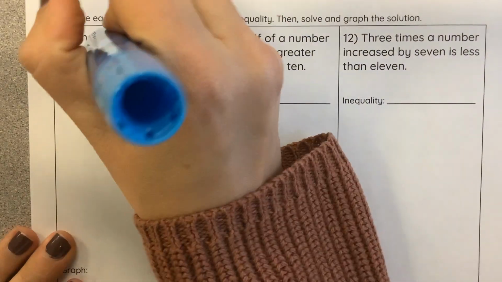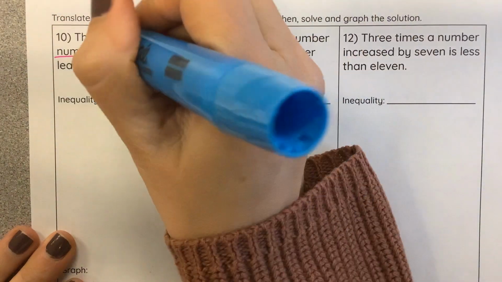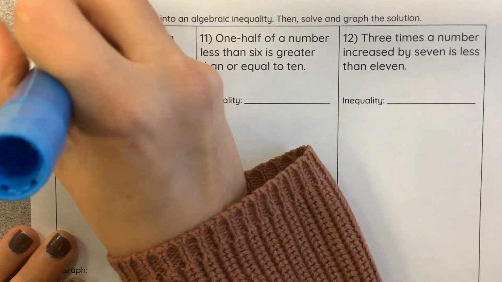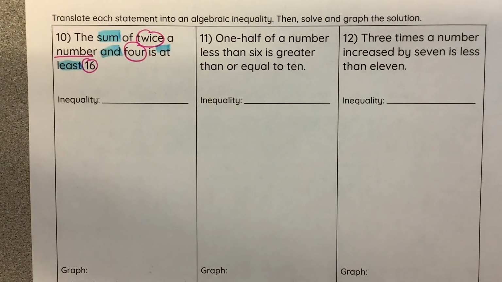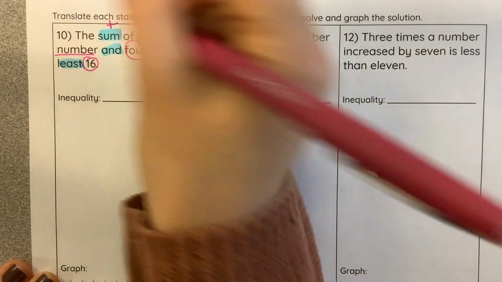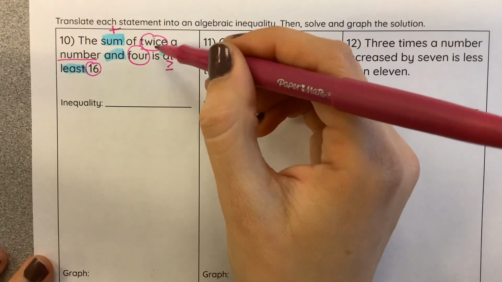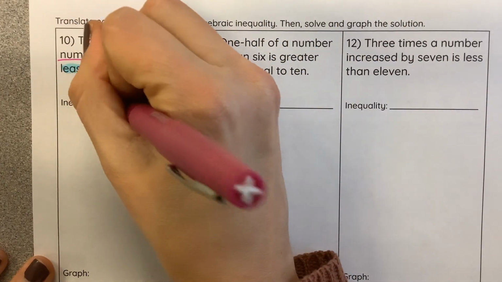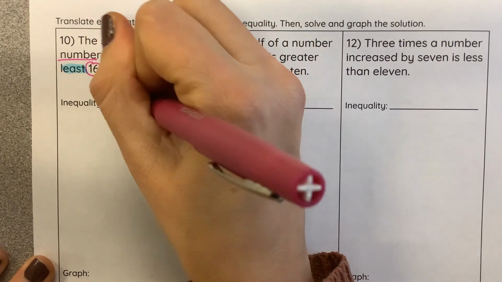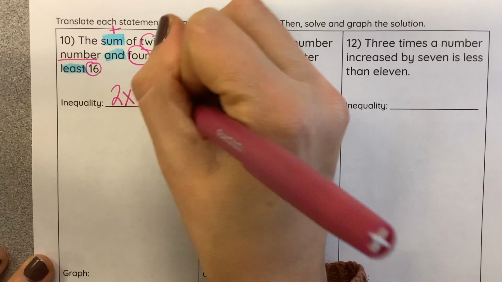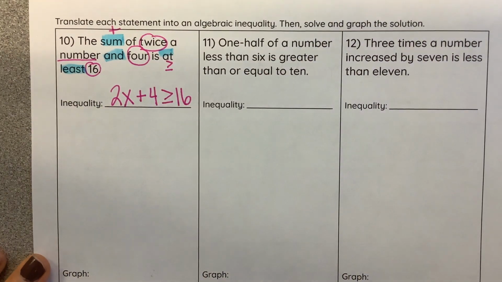So we have sum, and, which also tells us addition, is at least 16. So we know we're adding, and then at least is greater than or equal to. So for our inequality, the sum of twice a number, so 2x and 4, so that sum plus 4 is greater than or equal to 16.